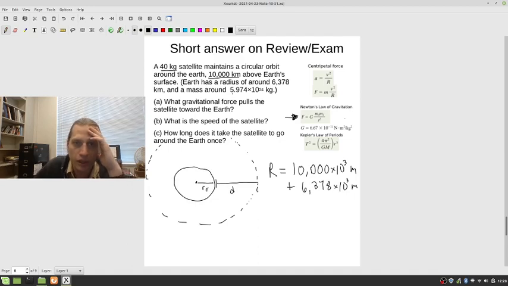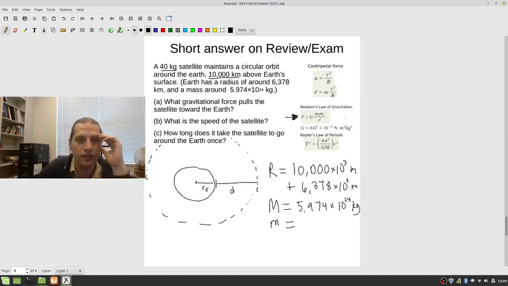Okay, we're given the mass of the Earth, so that would be my big M, 5.974 times 10 to the 24th kilograms. So I gave you that one in good units. M of the satellite is 40 kilograms. So I gave you that in good units. Okay, so what gravitational force pulls the satellite towards the Earth?